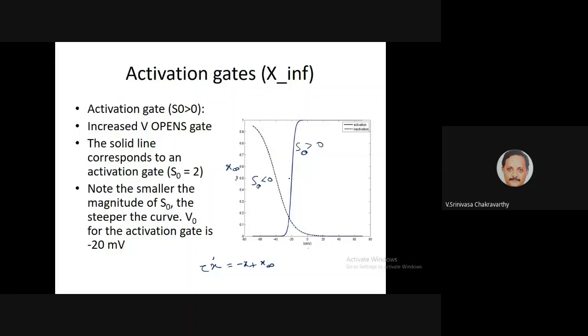So channels which open with increasing voltage are called activation channels. The solid line indicates activation channels, and channels which decrease or close with increasing voltage are called inactivation channels. So channels which are activated by increasing voltage, and channels which are inactivated by increasing voltage, are the two kinds of channels, and that difference is captured by this parameter S naught.